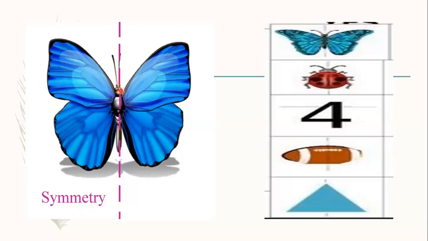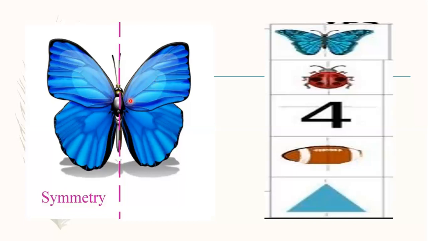But inside the mirror, you can see the reflection of the right side. When you keep the left side in front of the mirror, you will see the mirror image, which looks exactly like the right side of the figure. Then also the figure is said to be symmetrical.